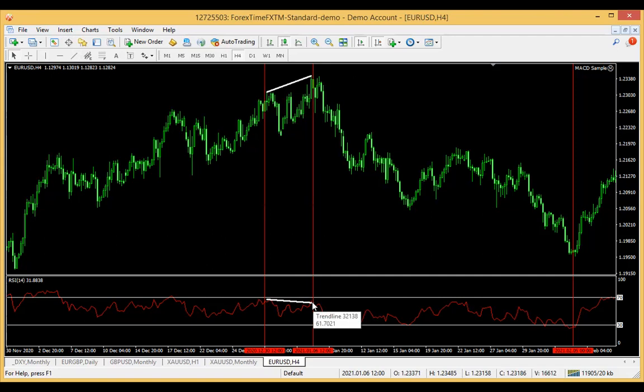Regular divergence is, with the help of RSI, you can actually detect that the market has made its last move.